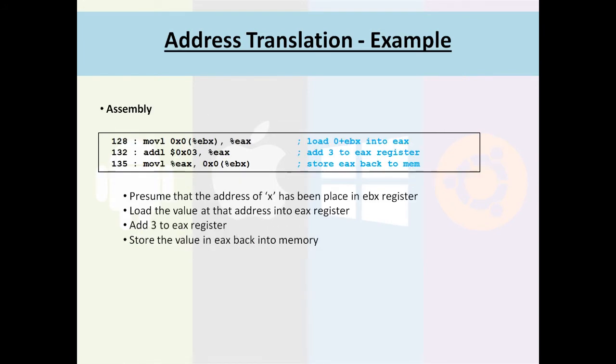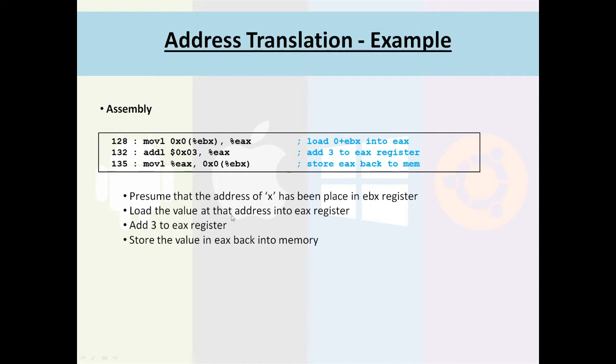Now, obviously, all code gets transformed into assembly down the line when it needs to be executed, before it gets transformed into binary instructions. So this is what the assembly code for that previous piece of code would look like. Presumably the address of X has been placed in register EBX, so this is just hypothetical.